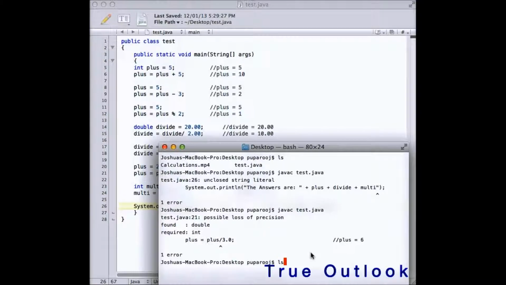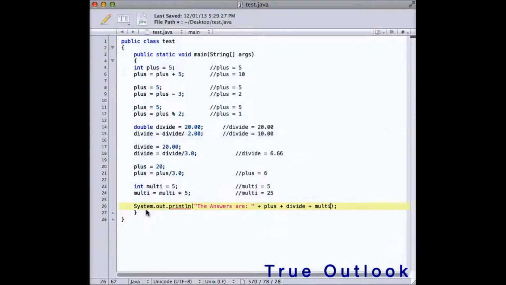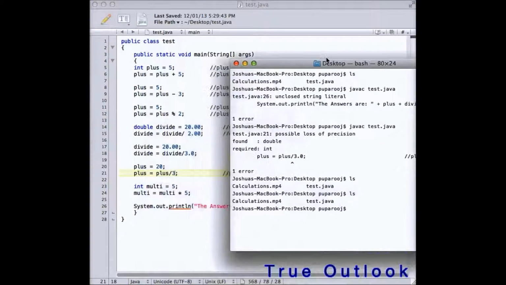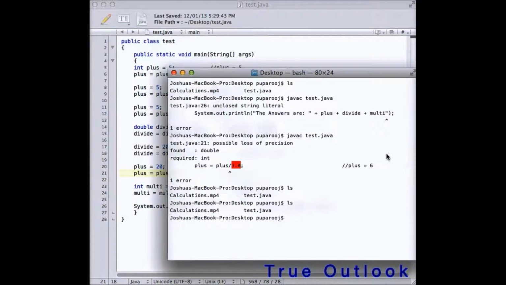So, as you can see from that, it's warned me there, loss of precision, because I was using an int divided by a double, which is leading me to get a number with no decimal places. Let's try that again.